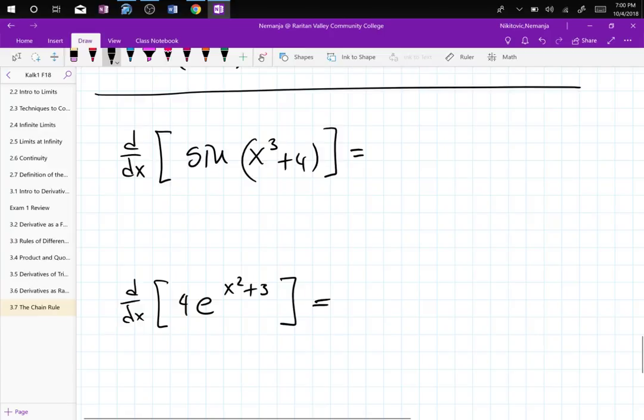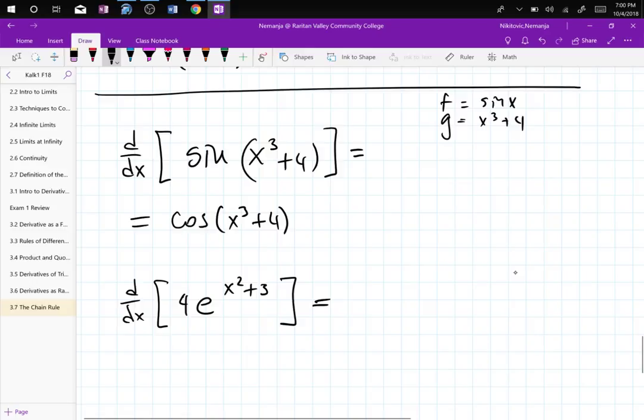All right, let's take a look at these problems together. The first problem has two functions, right? There is f, which is sine x, and then g gets plugged in, which is x cubed plus 4. So the derivative of sine is cosine, and we have to keep the same function, g. I call it the guts, right?